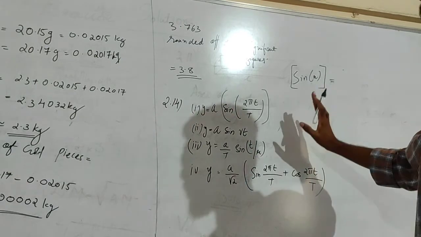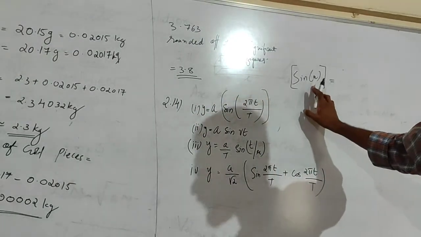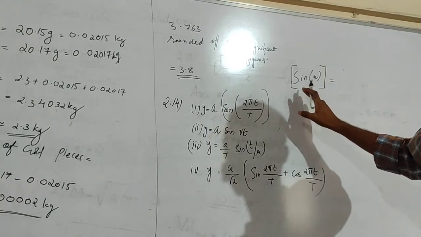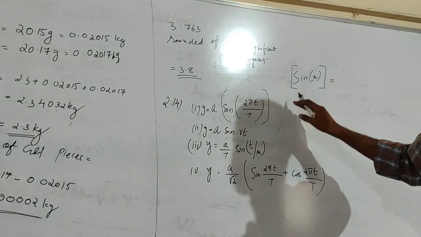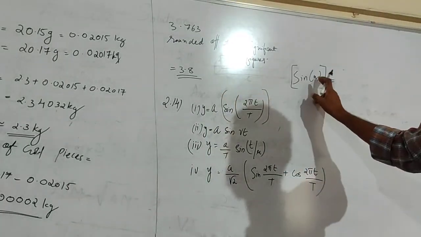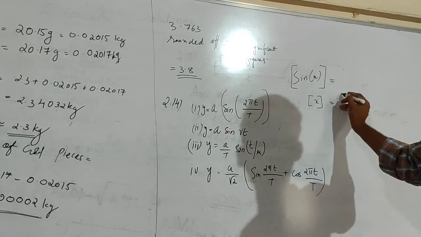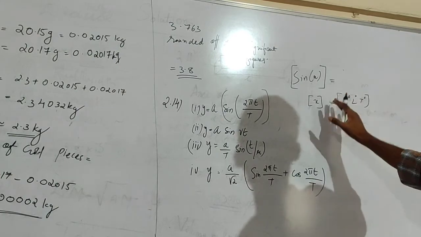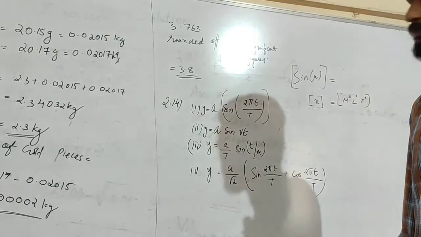There will be no dimensions for the trigonometric value, that is, the quantity on which you are doing the trigonometric operation should not have any dimension. Suppose I am considering sin x, then the dimension of x will be M raised to 0, L raised to 0 and T raised to 0.